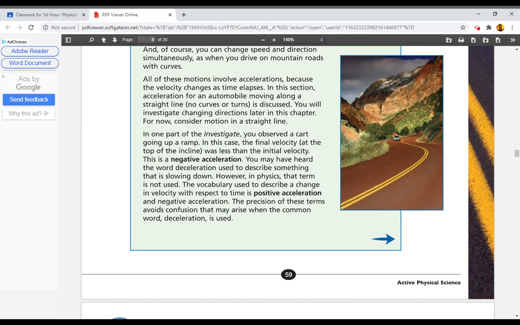The vocabulary used to describe a change in velocity with respect to time is positive acceleration for speeding up and negative acceleration for slowing down. The precision of these terms avoids confusion that may arise when the common word deceleration is used.